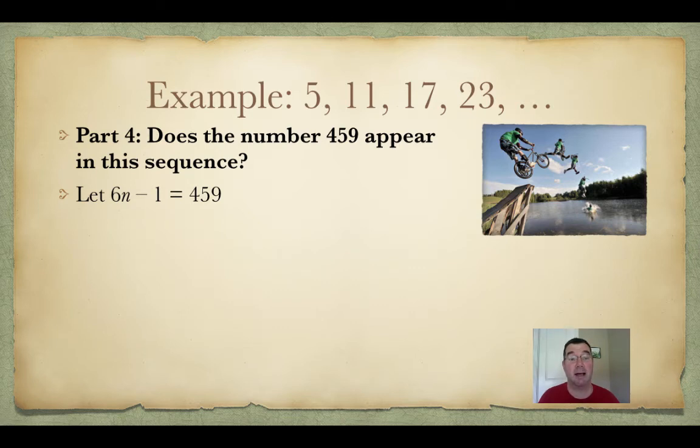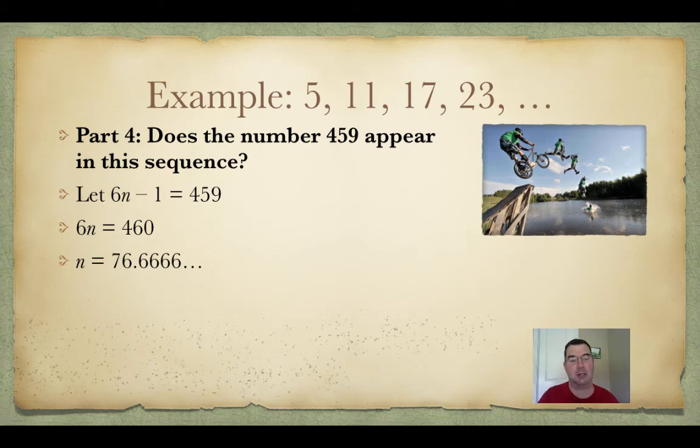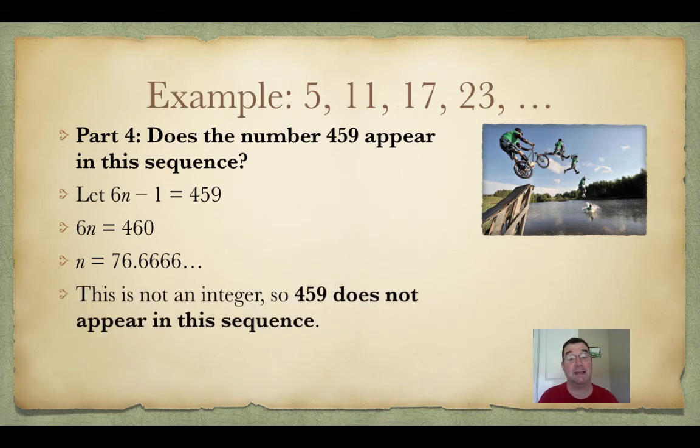So is there a value of n so that 6n minus 1 equals 459? Well, if I solve that, I get that 6n equals 460 and n equals 76.66666. And so since n is a term number, I don't have a 76.6666 term. So it looks like that number 459 does not appear in the sequence.